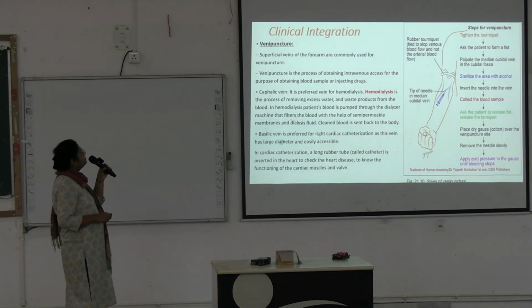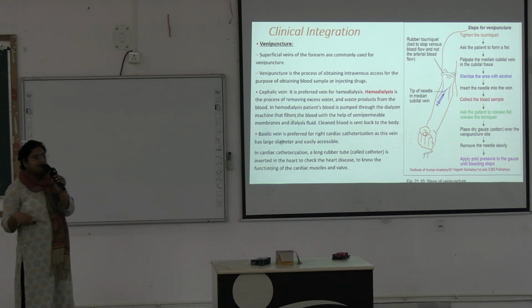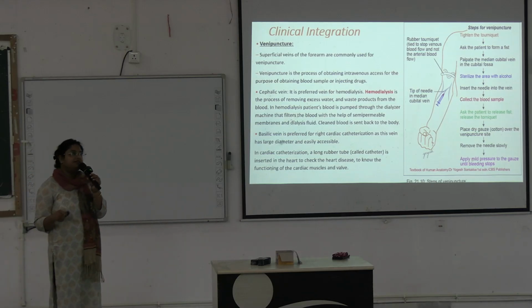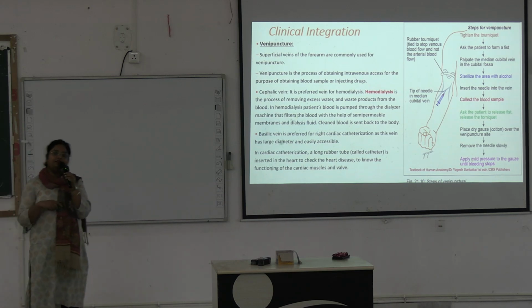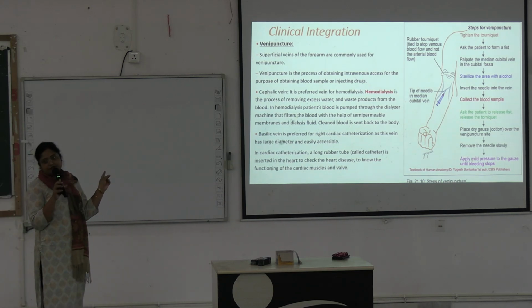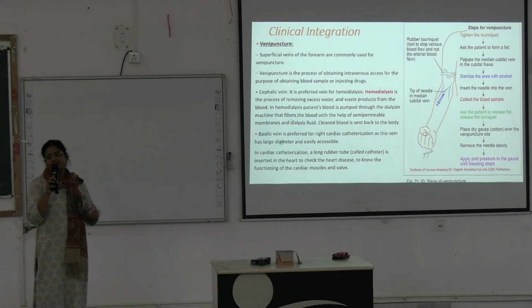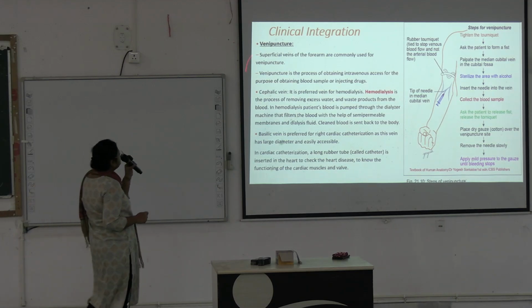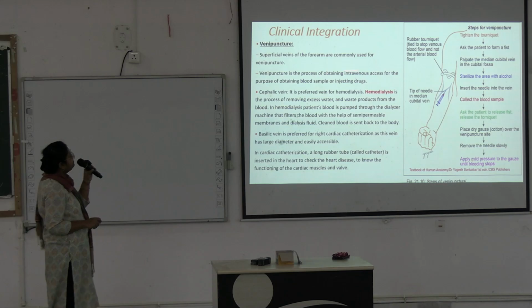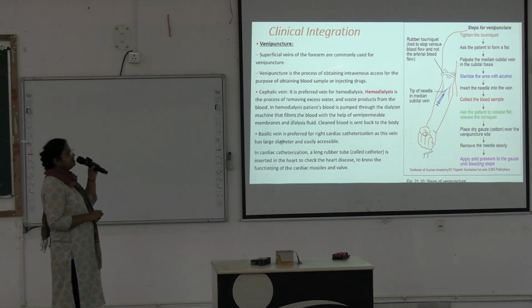Next, we are going to clinical aspects of this venous system. First is venipuncture, very commonly done venipuncture. You have to learn venipuncture in your internship, how you have to draw blood. This is the process, okay? So superficial veins of the forearm are commonly used for the venipuncture.